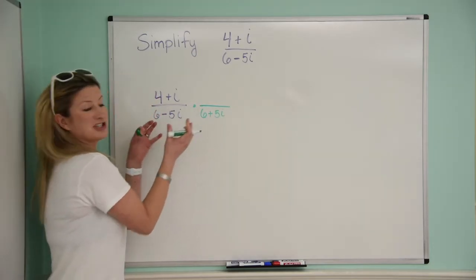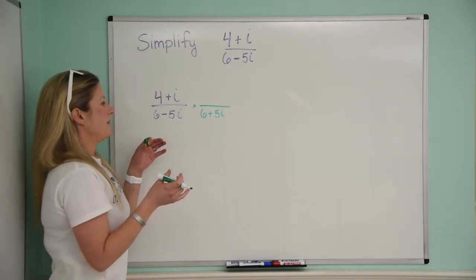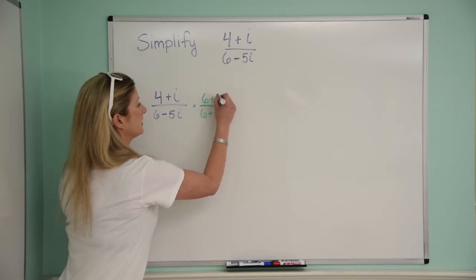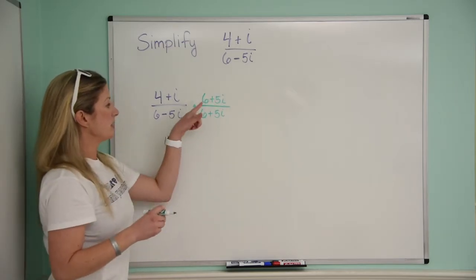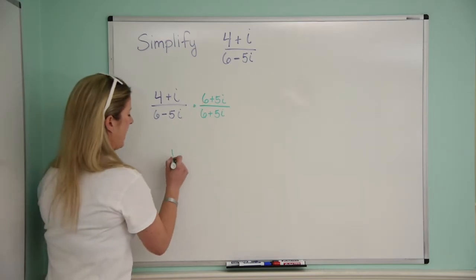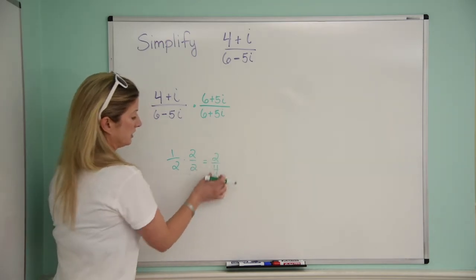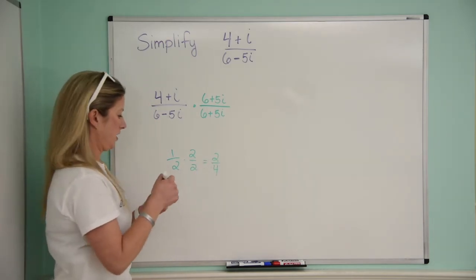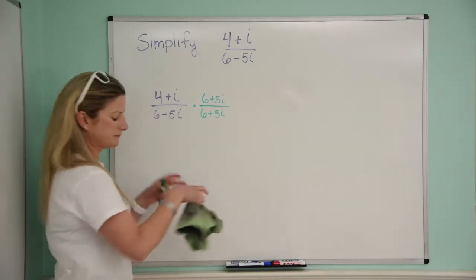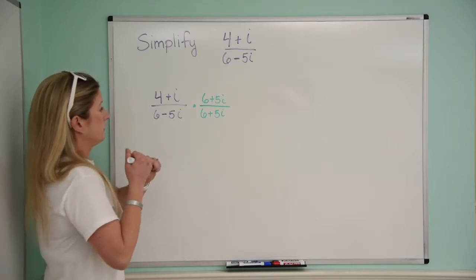Now, remember, I can't just multiply the denominator by 6 + 5i to get rid of the i, because then I'm going to change the value of the expression, so I need to multiply the numerator by 6 + 5i as well, because then I'm just multiplying by 1, right? It's the same as if you had 1/2 and you multiplied by 2 over 2, you get 2/4, but it's still the same value. 2/4 is 1/2, it's just not reduced. All right, so we're going to do the same thing here. We're multiplying by (6 + 5i) over (6 + 5i).